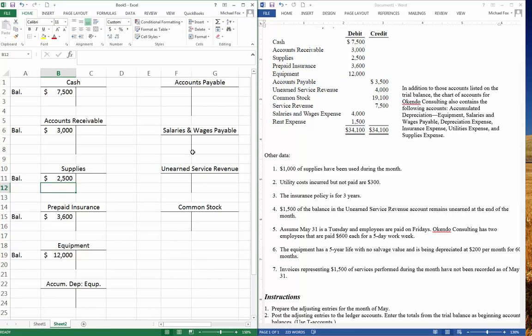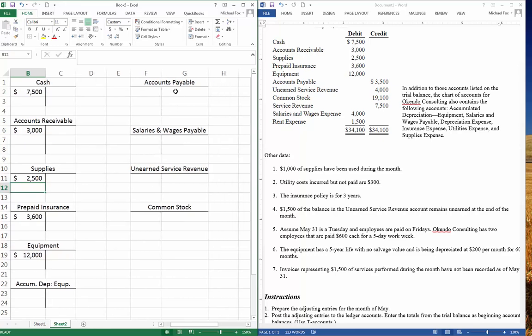The accounts payable had a balance of 3,500. That's a credit balance, so we'll put it over on the credit side. Salaries and wages payable did not have a balance. Unearned service revenue did have a balance of 4,000. And common stock had a balance of 19,100. Always make sure you put things on the right side, debit or credit.